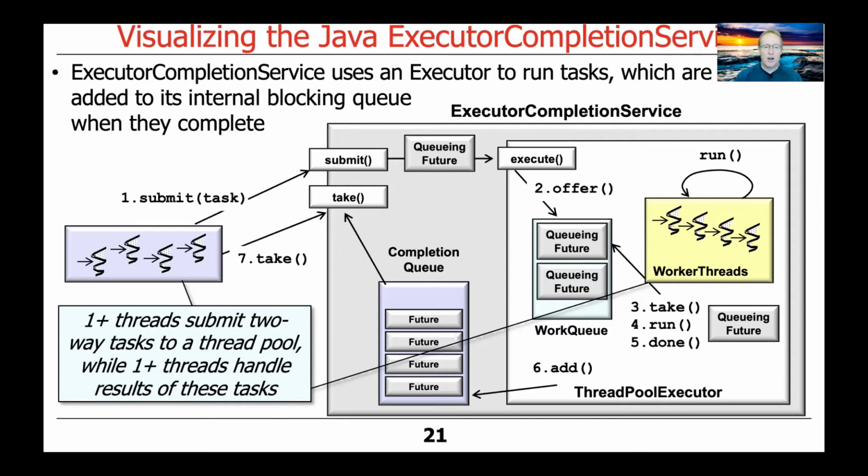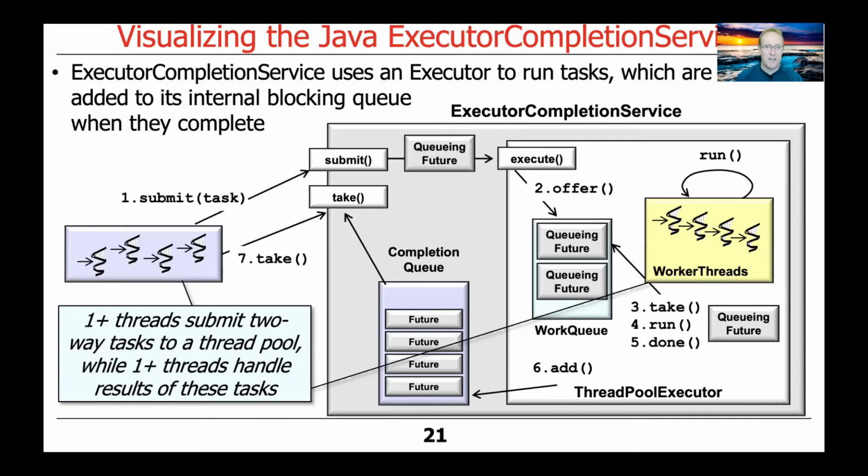So you can see the basic architecture shown here. On the right-hand side of the screen, we have the executor completion service instance, with methods like submit and take. Internally, it has a completion queue that it uses for the results when they're finished. It also keeps track of the executor that's passed to it, which for this example will be a thread pool executor with a group of worker threads.